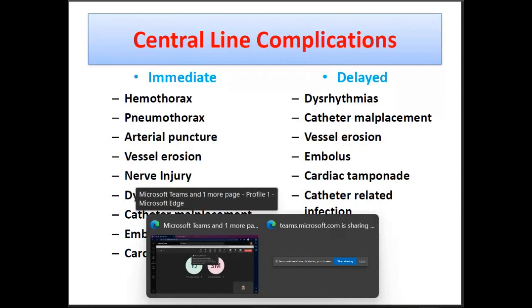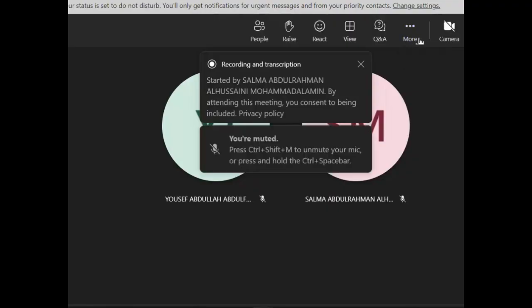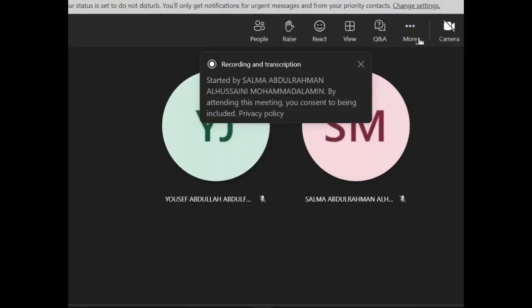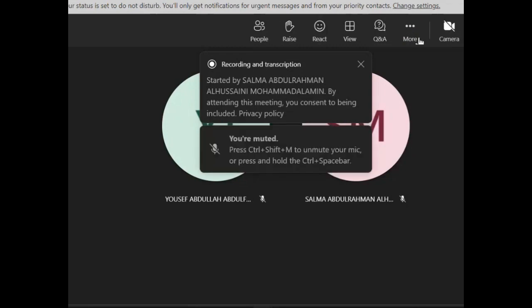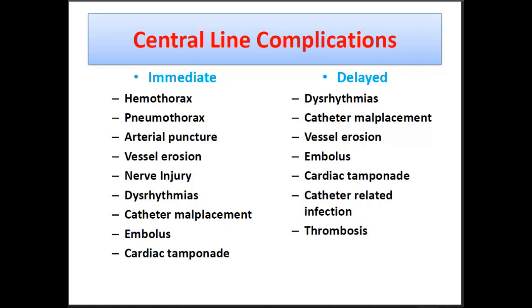Okay. Central line complications. You always think about hemorrhage, infection, immediate insertion complications such as hemothorax, pneumothorax, arterial puncture, vessel erosion, nerve injury, dysrhythmia, catheter misplacement, and embolism.